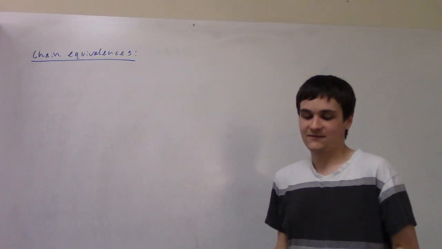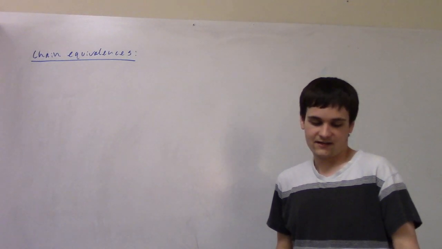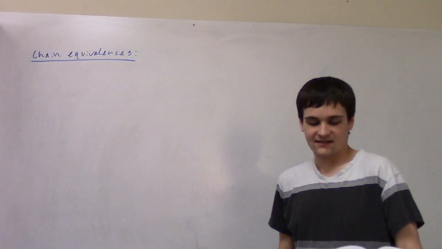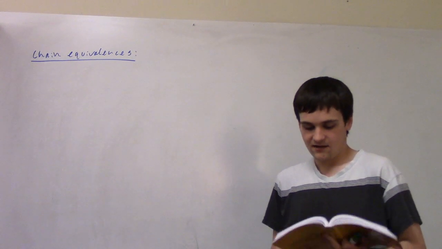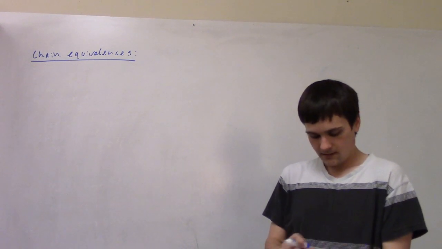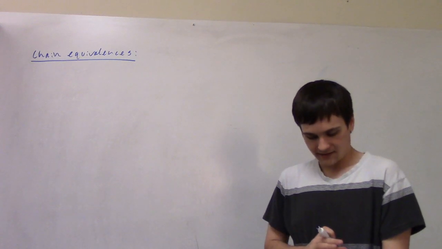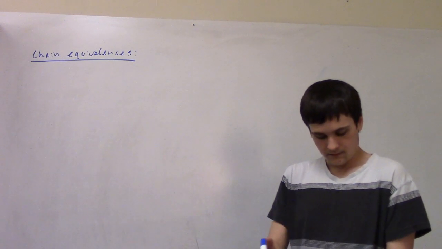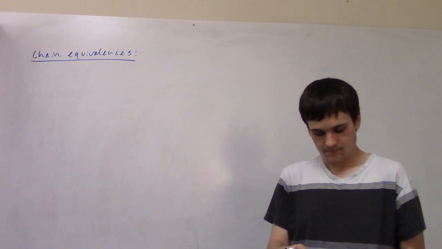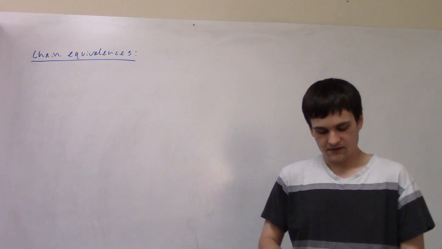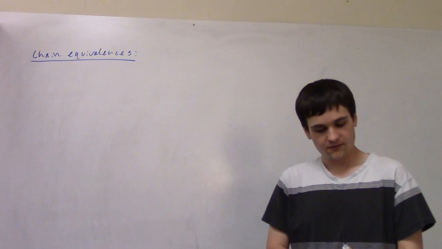Essentially here, and they pretty much say it at the beginning of the paragraph, the main theorem in this section is a necessary and sufficient condition that a chain map between free chain complexes be a chain equivalence. And I think we're going to use that in the next section. A chain complex is free if each of its terms is a free abelian group, so that's a pretty natural definition.